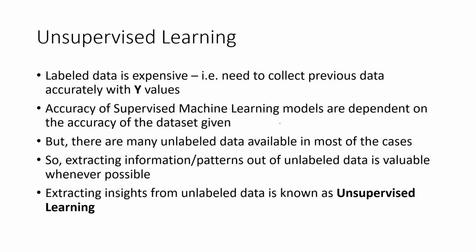For example, take the large language models that you might have heard of, things like ChatGPT and so on. They can learn from huge corpuses, meaning huge text files, without any manual labeling.